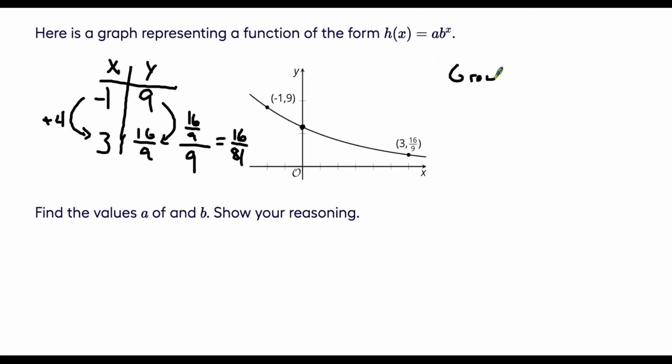So let me label here my growth factor to an interval of 1, I need to take that 16 over 81 and raise it to the 1 over whatever that current interval is, right? Again, that current interval is 4. From -1 to 3 is an increase of 4. So this will get me my growth factor over an interval of 1.